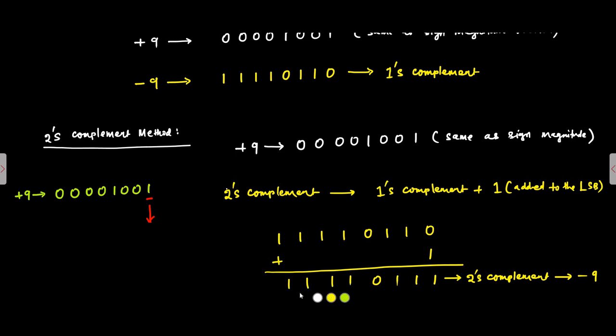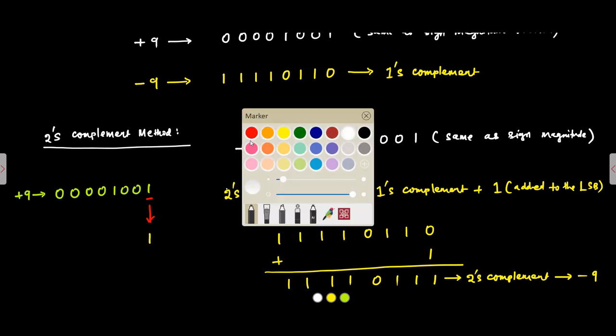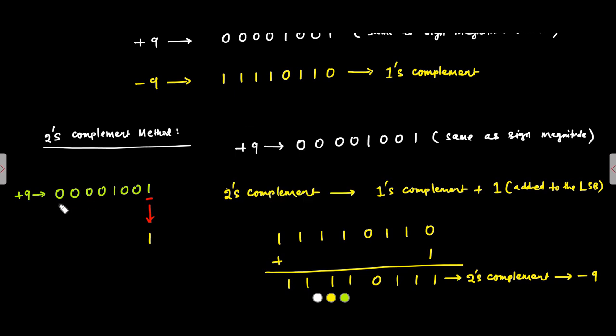It will remain as 1, and the remaining bits we will invert, that is, we'll take the 1s complement of them. 0 will become 1, again 0 will become 1, 1 will become 0, and the remaining 4 zeros will become 4 ones.